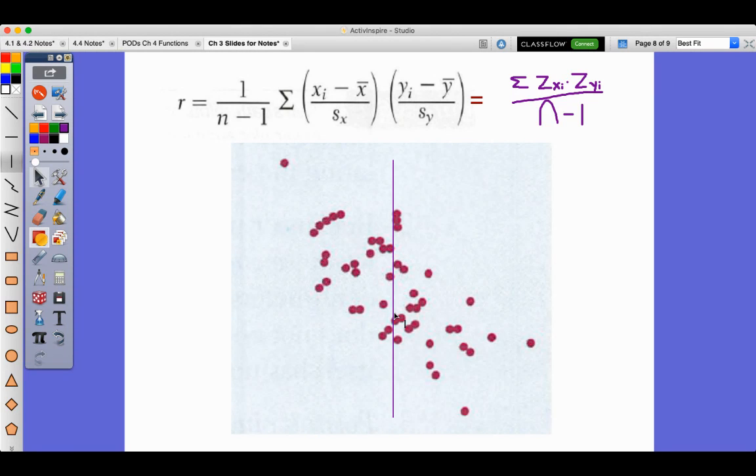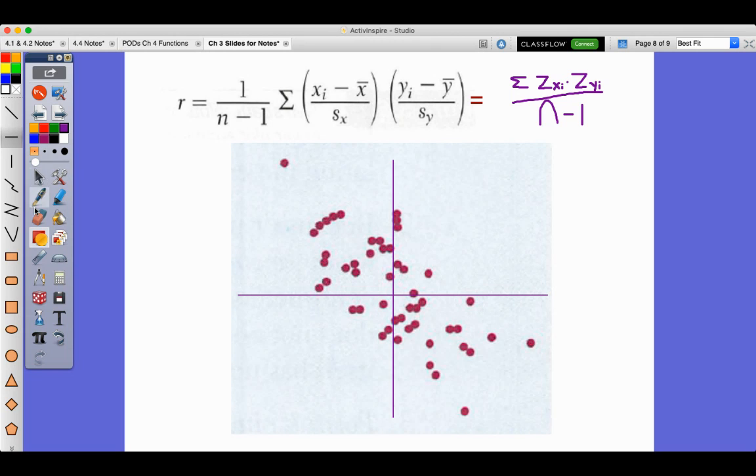They don't affect the correlation at all. But things that are farther and farther to the right have a positive z-score, and things that are farther to the left have a negative z-score for the x's. And similarly, if we had everything just magnetized to this left side, you'd see a distribution that might be normalish, and the middle of it would be about right here, okay?